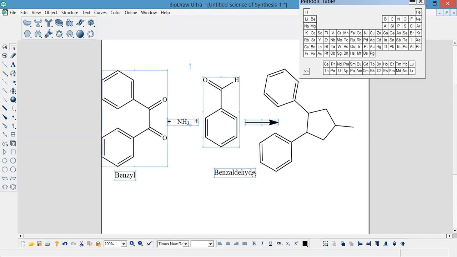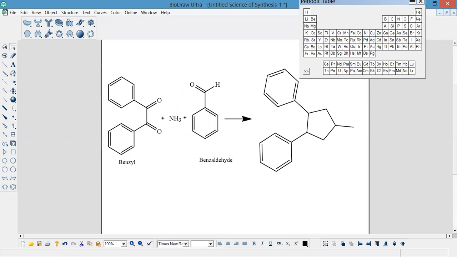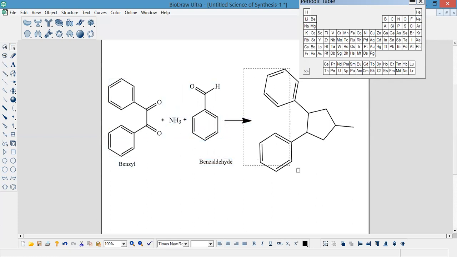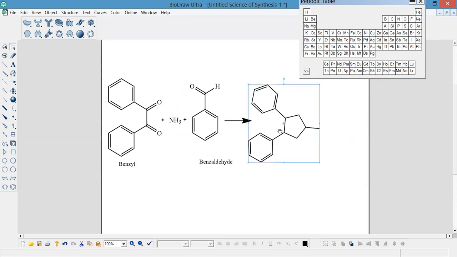Now we can reduce the size of that compound so that the reaction fits within the page. Now, this benzene ring comes from benzaldehyde.